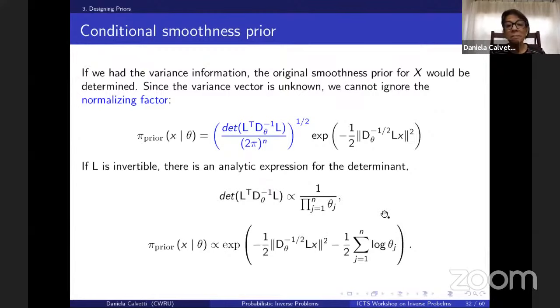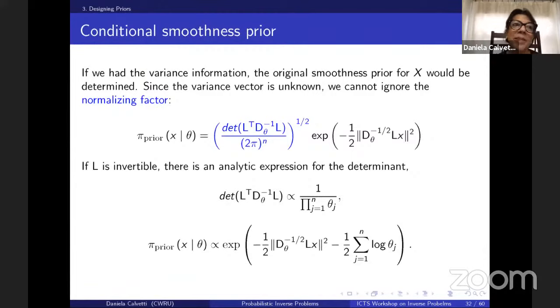That brings up another problem: if we want to draw samples, sure, we can draw theta, and then we can draw x, but we need to keep in mind this normalization factor, so we need to compute the determinants.